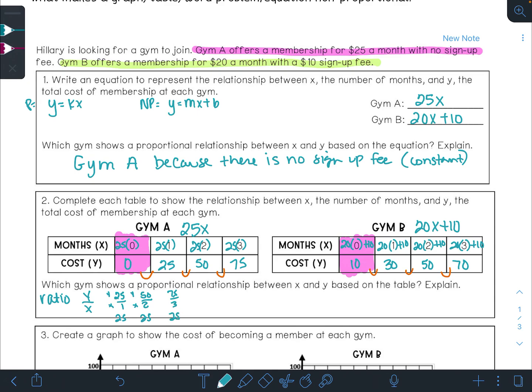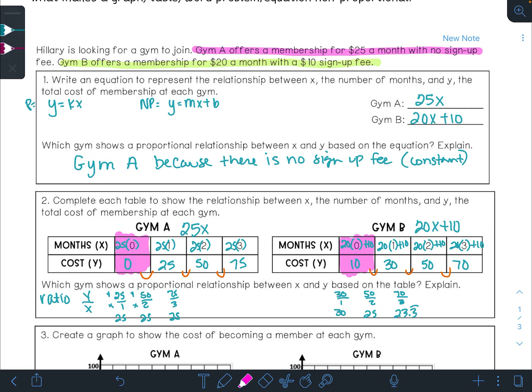However, if I come over here and try to do that, 30 over 1 is 30. 50 over 2 is 25. 70 divided by 3 is 23.3 repeating.